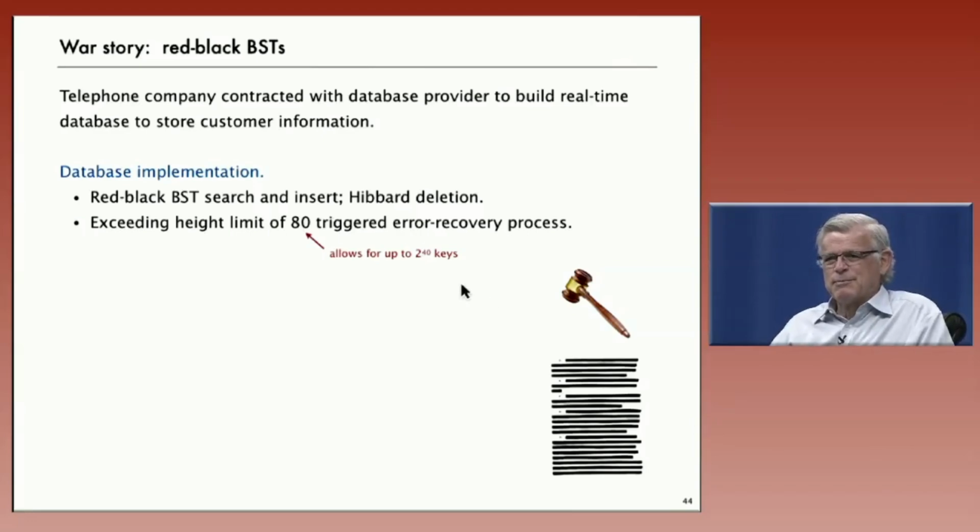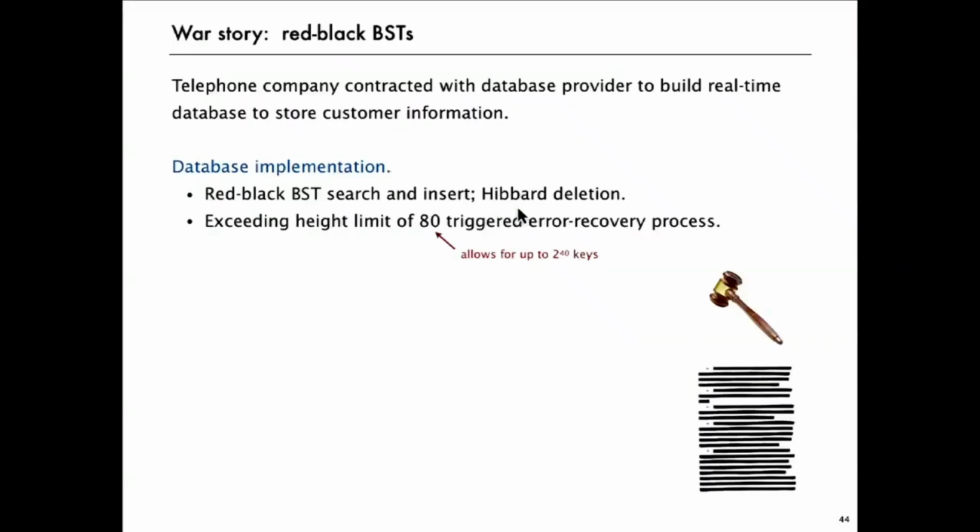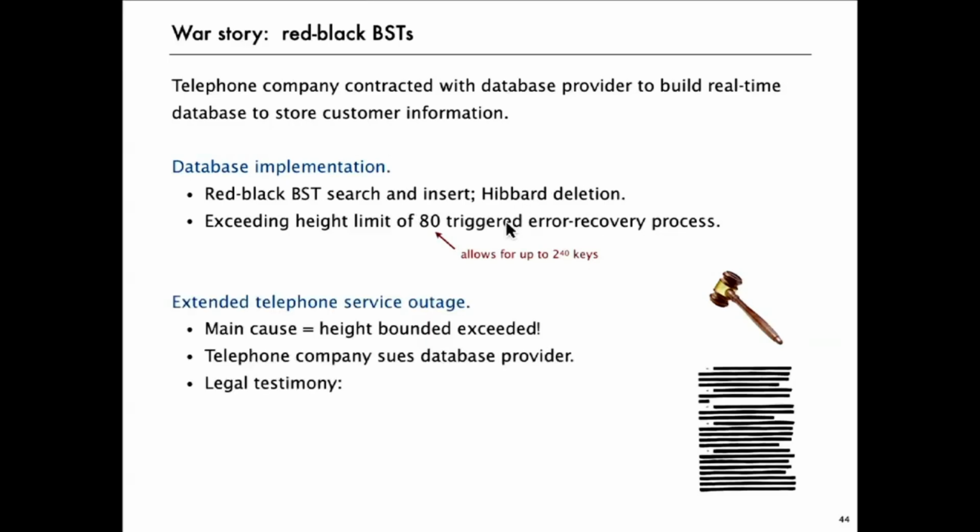So what they did in this implementation was they just put in regular Hibbard deletion in the binary search tree, in the red-black BST, not the deletion algorithm that's guaranteed to keep the constant black height all the time. But they still thought that it should be balanced and it shouldn't matter much. And they had a complex error recovery process that got triggered if the height limit got too big. And they would rebuild the whole tree.